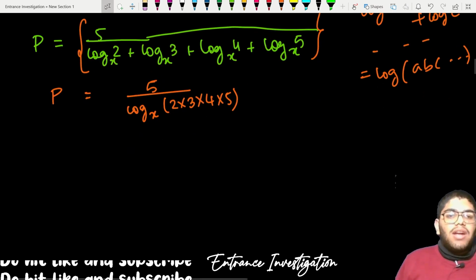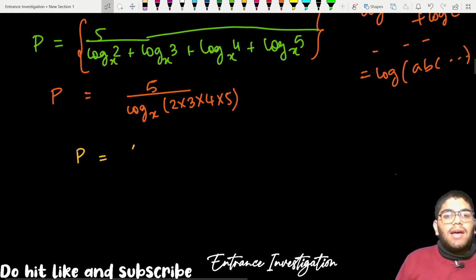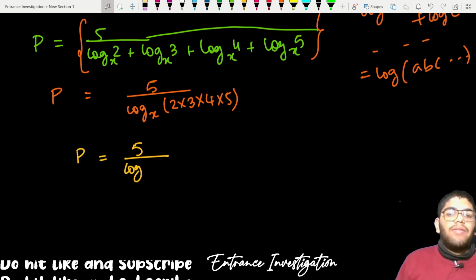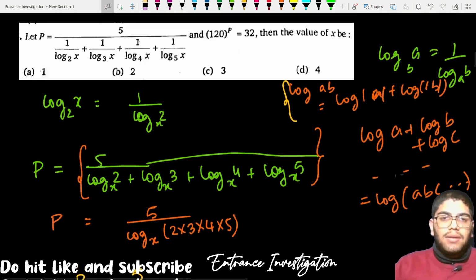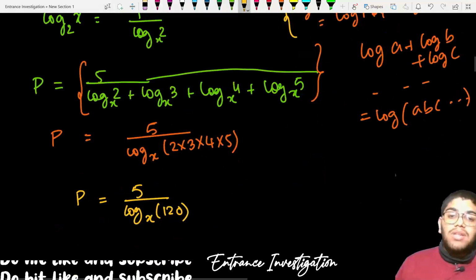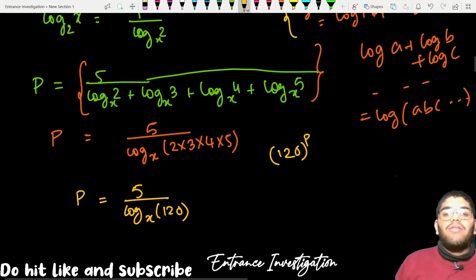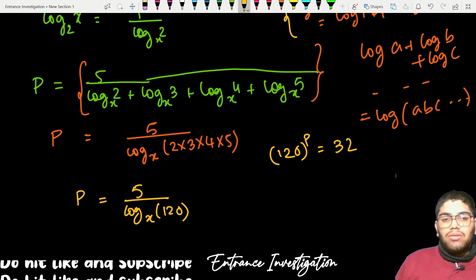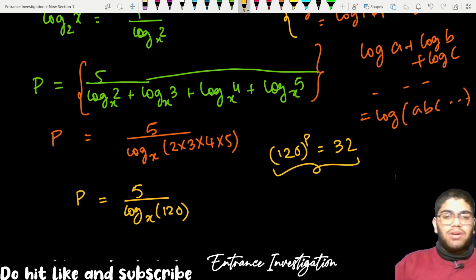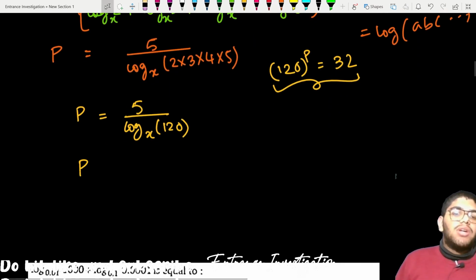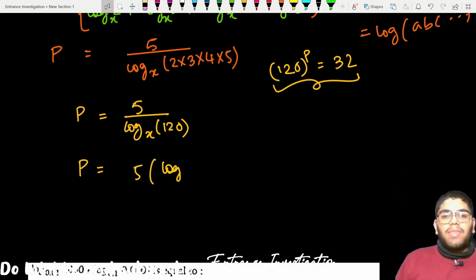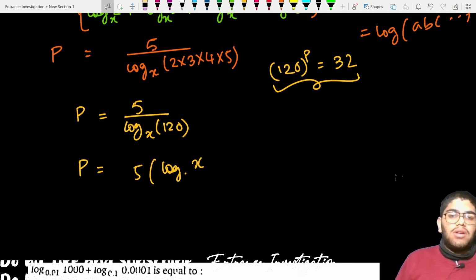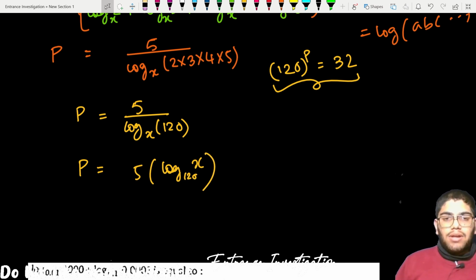So we can write this p as 5 upon log of 120 to the base x. Now I have also been given that 120 raised to the power p is 32. So does that help? Yes, actually it will help, because for p, again I'll apply the same property: 5 is to a log x base 120. Great.